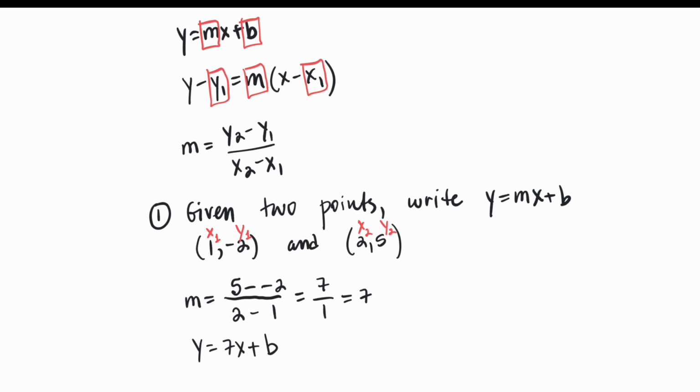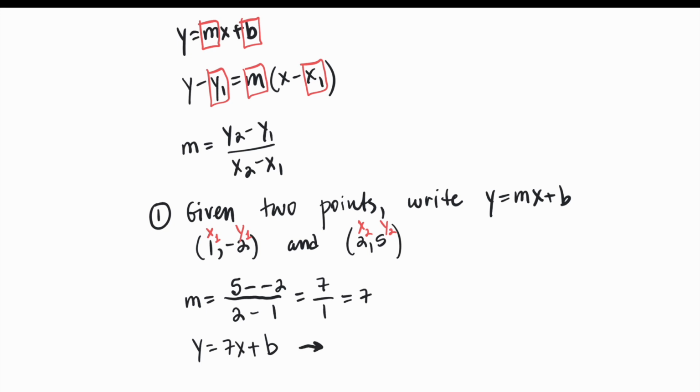Replace m with the 7, x1 with this 1, and y1 with this -2, and then work on that equation. Another option would be to use this equation here and replace this y temporarily with -2 and this x temporarily with this 1, find b, and then write the equation over. I'm going to use the second option, but you can feel free to use the point slope formula option.